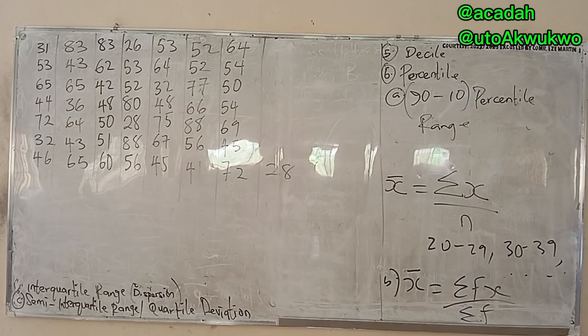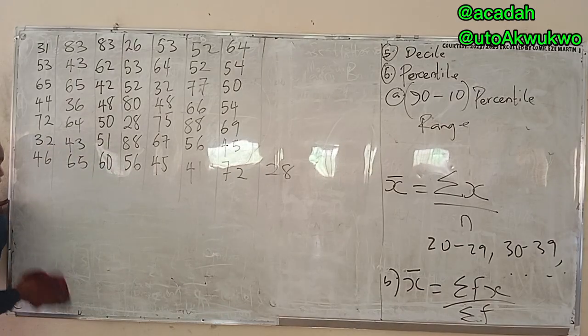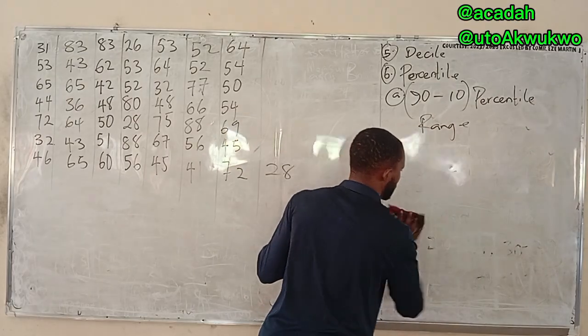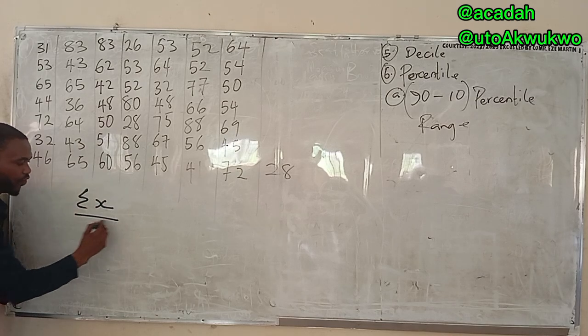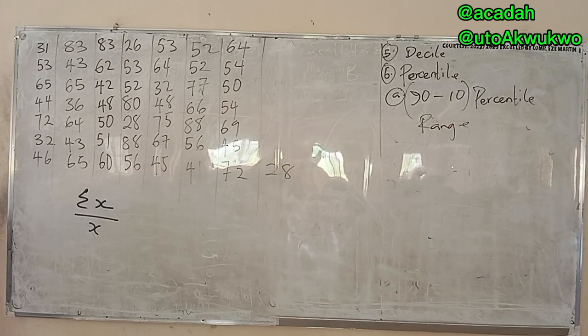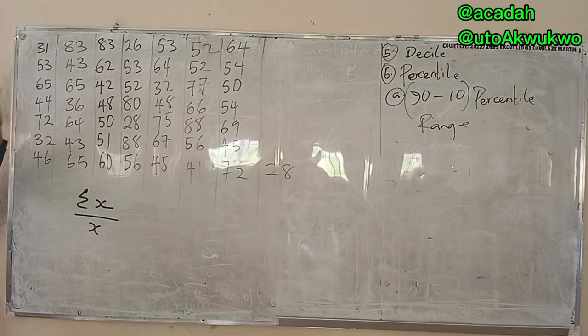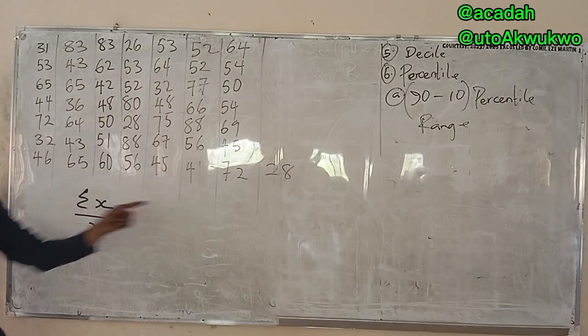Alright, so see what I mean. If the question says ΣX over N, every value you have in this table is called X. Divided by N simply means, if I count, this is like 1, 2, 3, 4, 5, 6, 7, and 7 times 7 is 49 plus 1, 50.